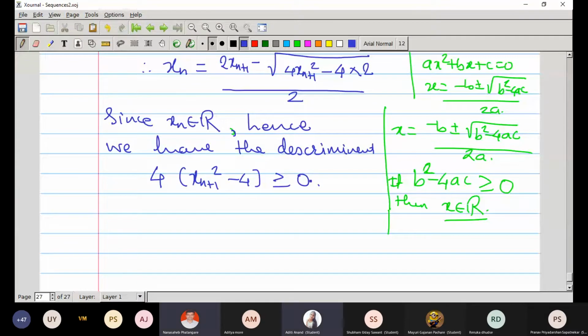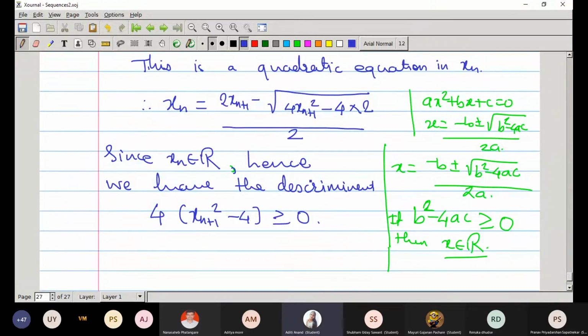It will be minus 2, yes, minus 2. So 4 times xn plus 1 square minus 2 must be greater than or equal to 0.